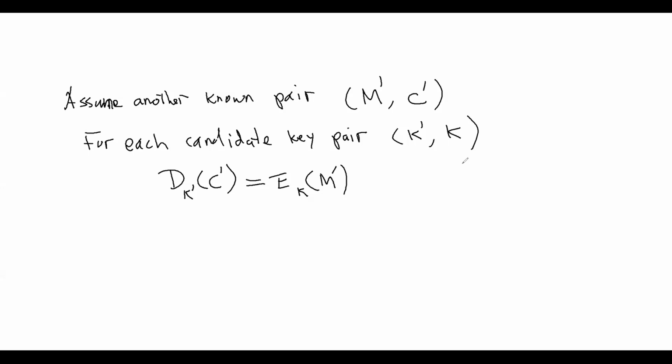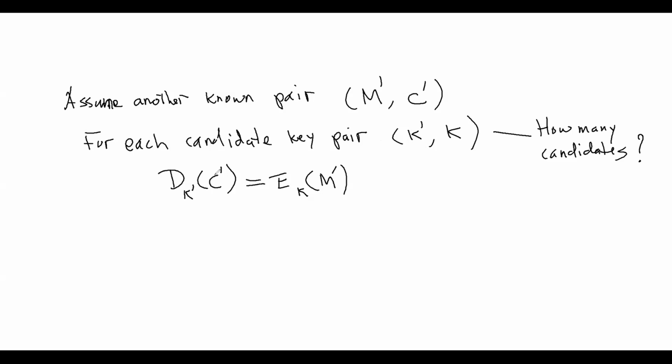But then what we need to do is to find out how many such pairs available, how many candidates. Of course it won't be any pair will be candidates. Of course it will be much, much smaller. And so the number of such candidate key pairs is much smaller.